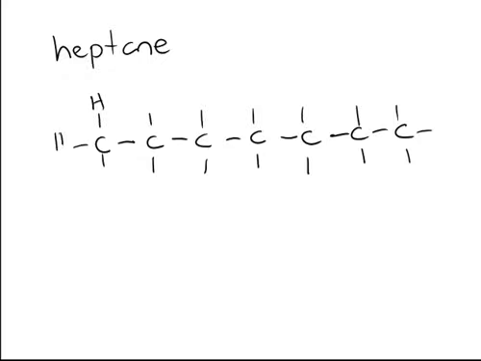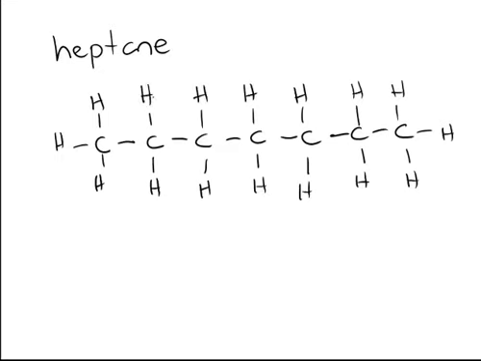So if I draw in the H's here, around every carbon you'll notice there's going to be 4 bonds. Obviously the bond between each carbon counts as 1 bond. It's a single bond. Okay, so that would be heptane. That's the most basic thing.